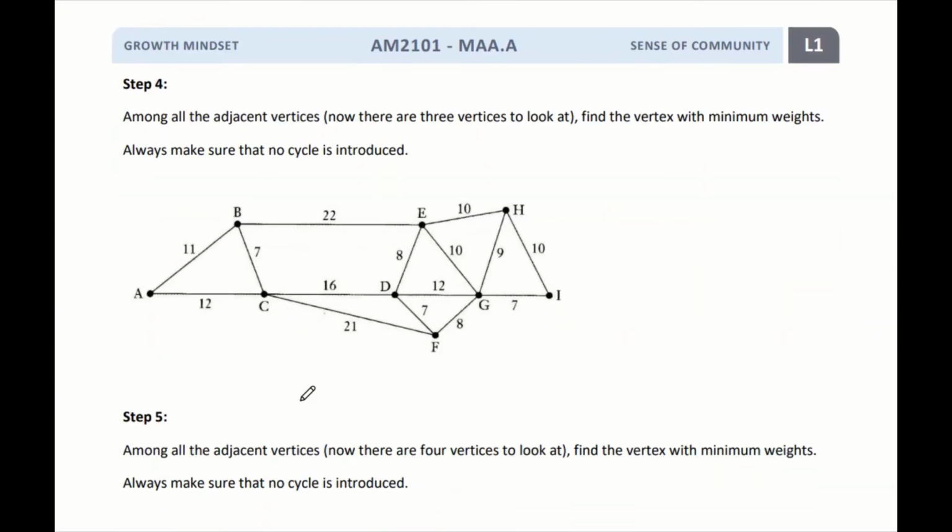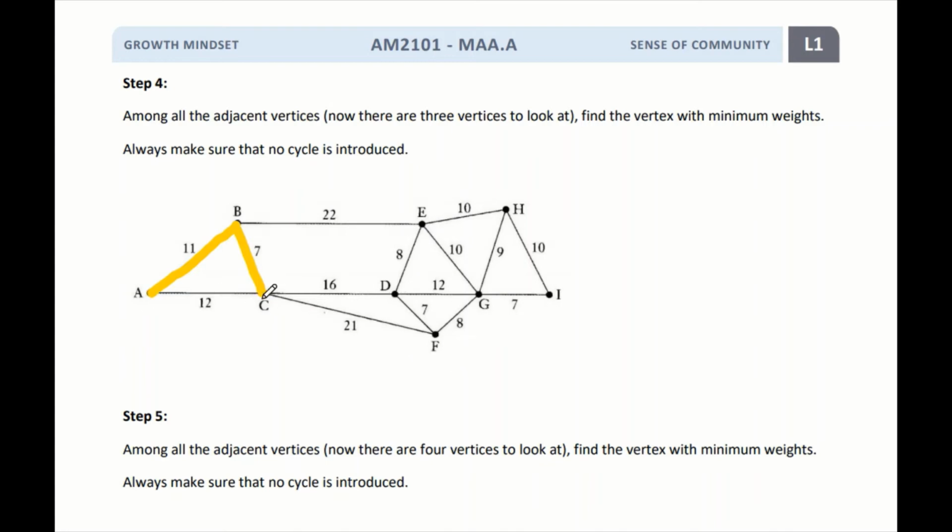Moving forward, same thing. These two we already chose. Now you have three vertices, A, B, and C. Again, choose the edge that gives you the minimum weight. Now you realize that you have BE, CD, CF, and AC.